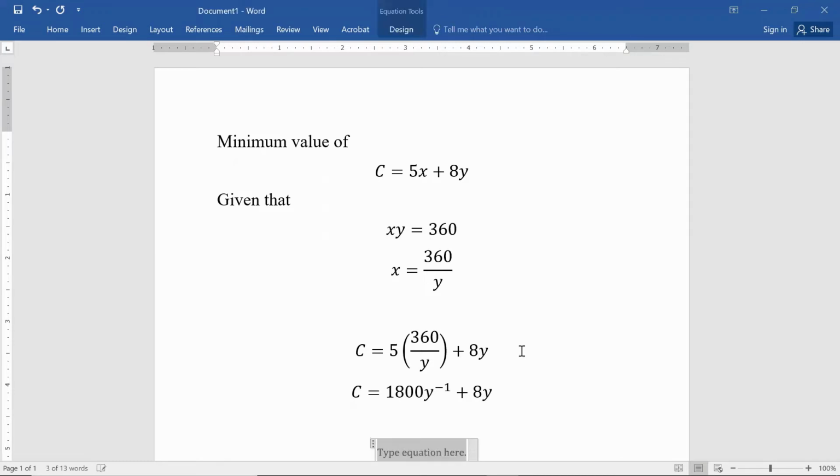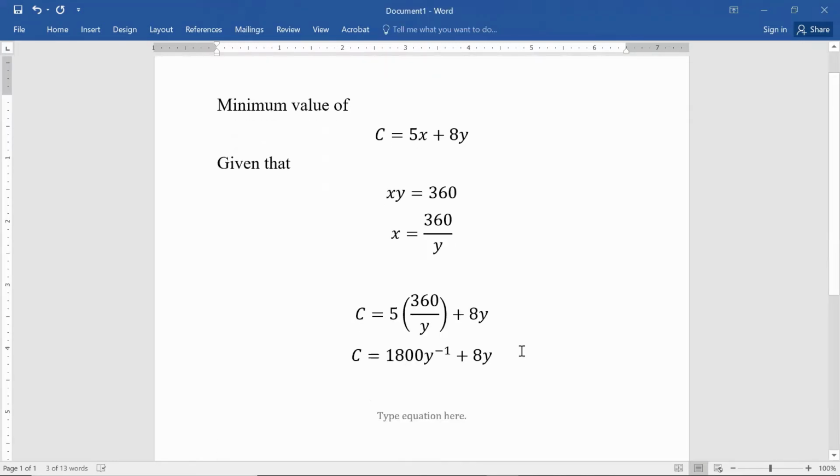In order to find a minimum value here, I take a derivative. I'm looking for critical points here. Negative 1800 y to the negative 2 plus 8 is the derivative.